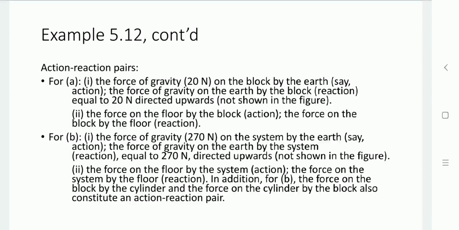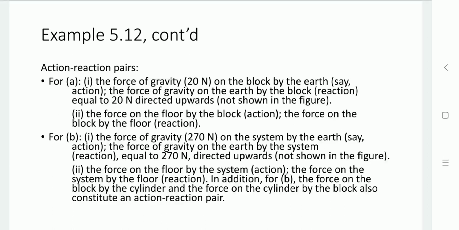So here the action and reaction have the same magnitude in opposite directions. Now for case B, the force of gravity is 270 Newton on the system by the earth, and the force of gravity on the earth by the system should be 270 Newton vertically upward. But as we can see in the diagram, that reaction force is not the same.